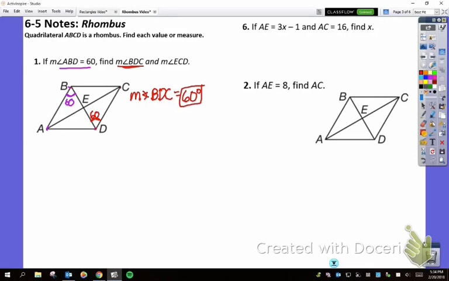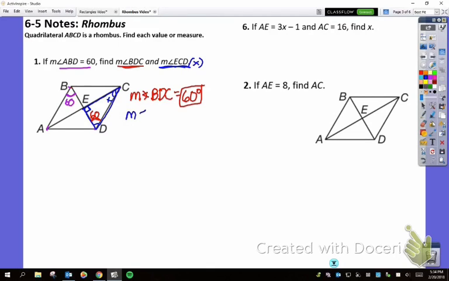Then it asks us to find the measure of angle ECD. ECD is this top angle right here. I'm going to call it X. And to find that angle, we have to look at this as a triangle. Remember that our angle at E is a 90-degree angle. If that's 90 and this is our triangle, we know that angle D here and angle C up here add to equal 90, or all three angles add to equal 180.